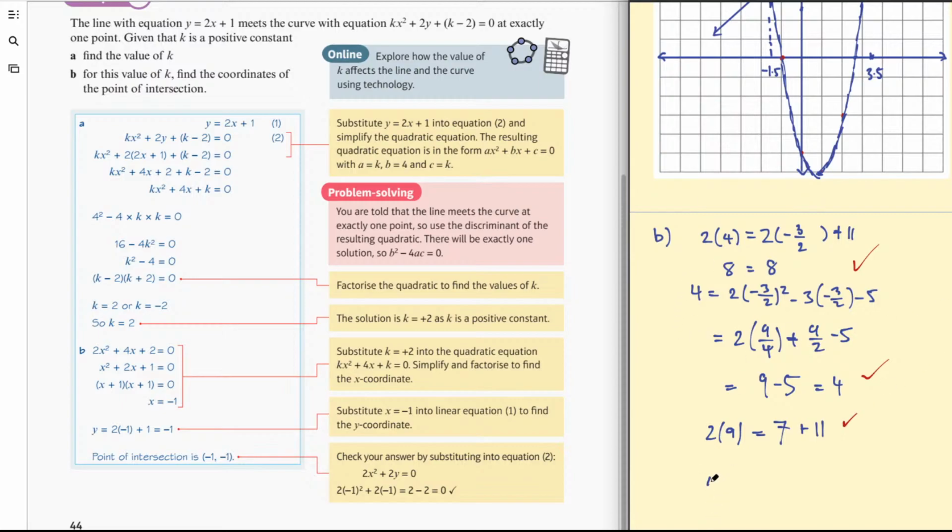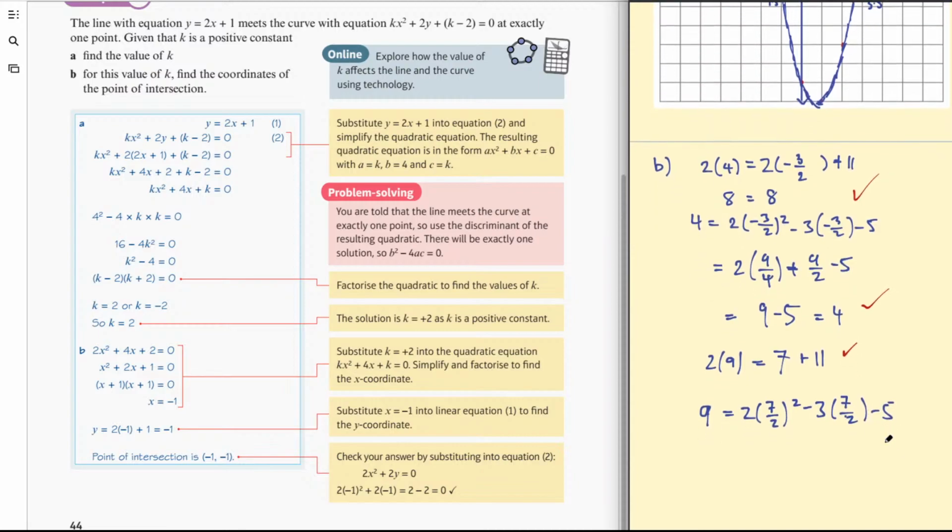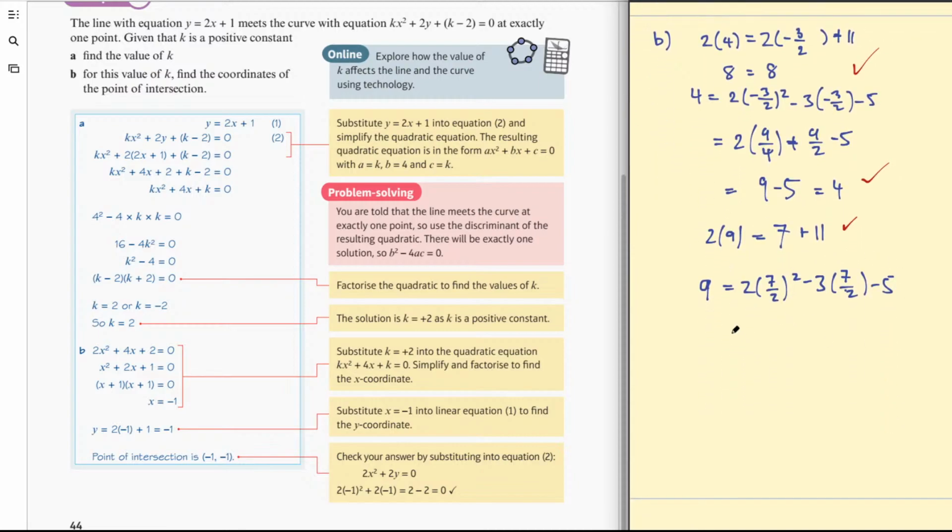For this, we have 9 equal to 2 times 3.5 squared, which is 7 on 2 squared, take 3 times 7 on 2, take 5. So all of this needs to equal 9.